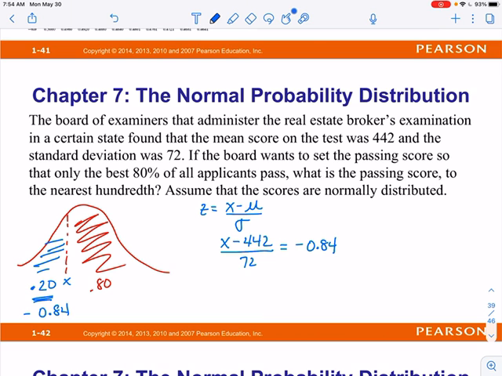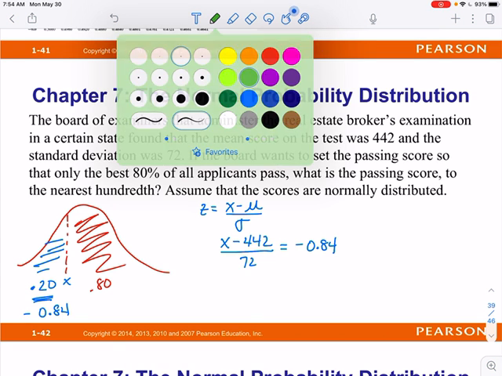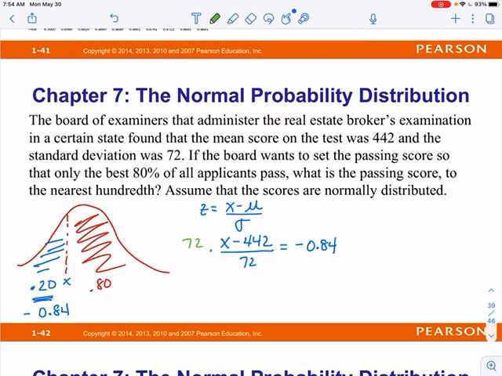So the first thing I'll do is multiply both sides by 72. So those will cancel, leaving me with x minus 442 equal to negative 60.48. And the opposite of subtracting 442 is to add 442. And when you do that, you are going to get an answer of 381.52. Again, it said to the nearest hundredth, so that's why I went out 2 spots after the decimal.